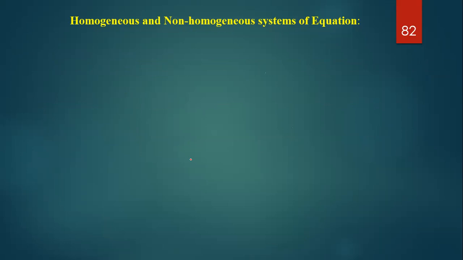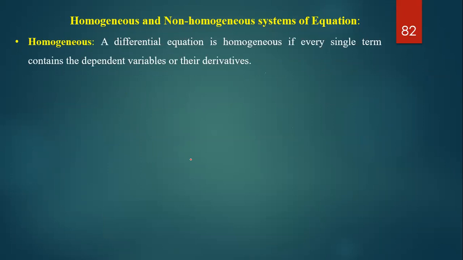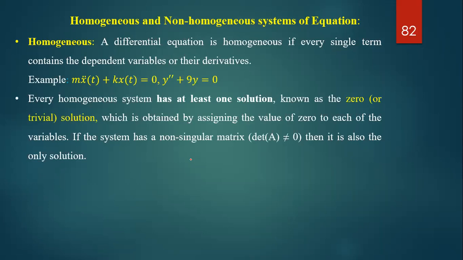Another concept is homogeneous and non-homogeneous systems of equations. A differential equation is said to be homogeneous if every single term contains the dependent variable or its derivatives. For example, m x double dot of t plus k x of t is equal to 0.